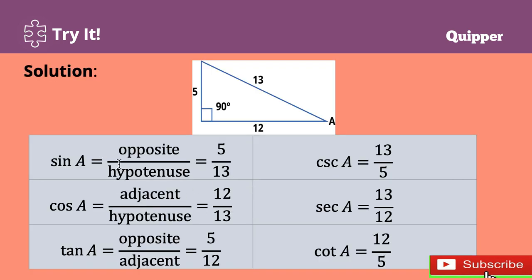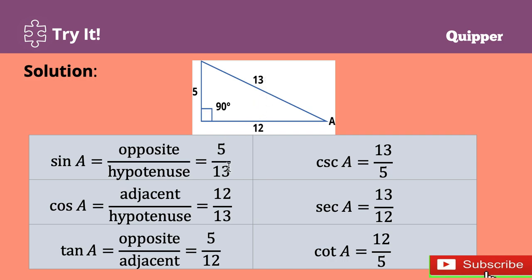These are the three major trigonometric ratios, sine, cosine, and tangent. Using the formula opposite over hypotenuse for sine, take note that this is our viewpoint or the focus, meaning that this side here must be the opposite. So we have 5 over 13, since the hypotenuse is 13.